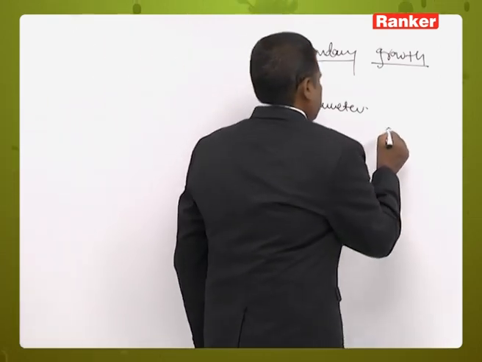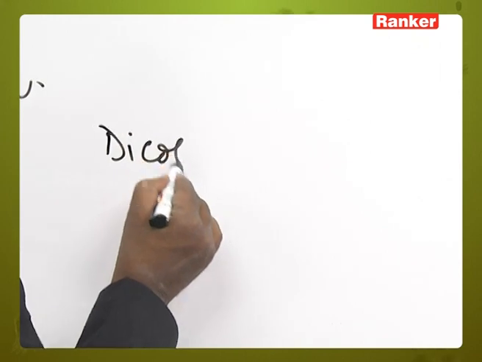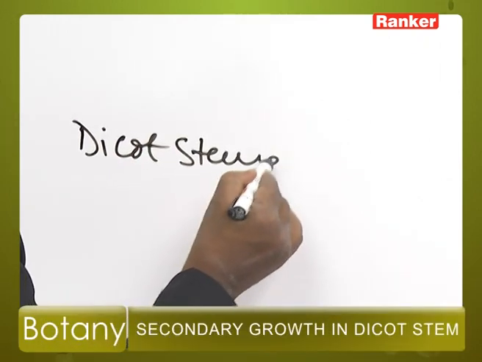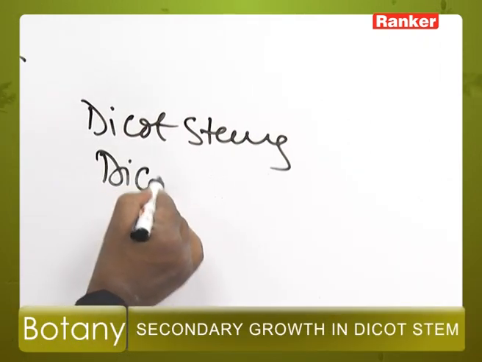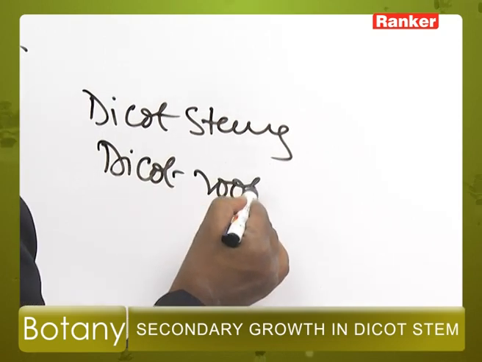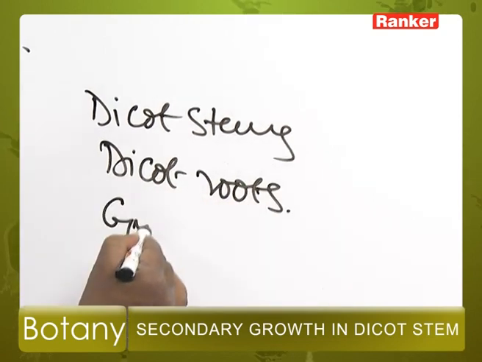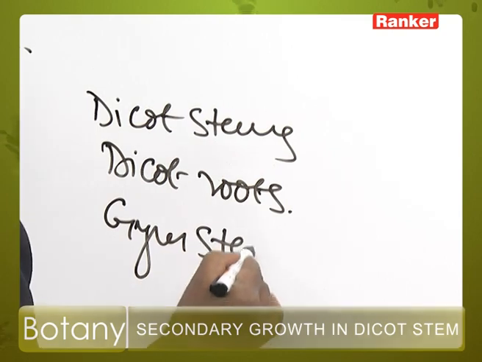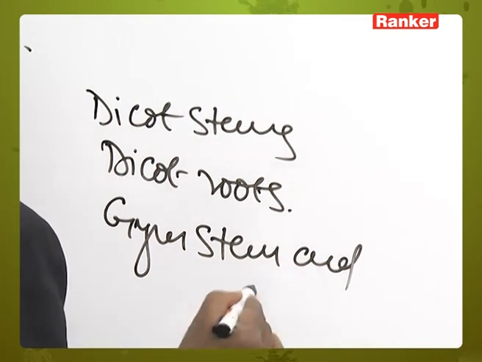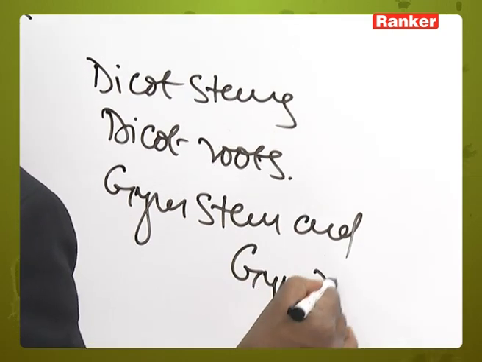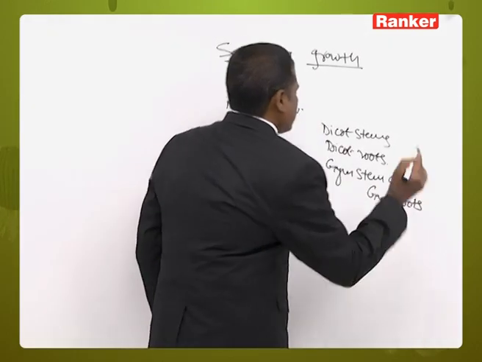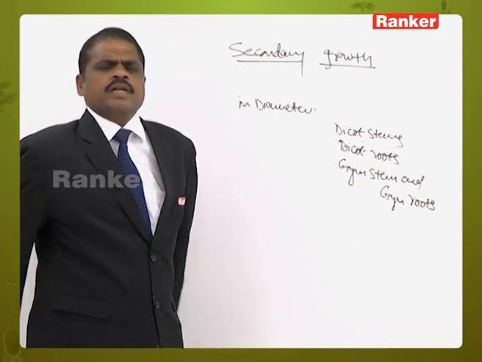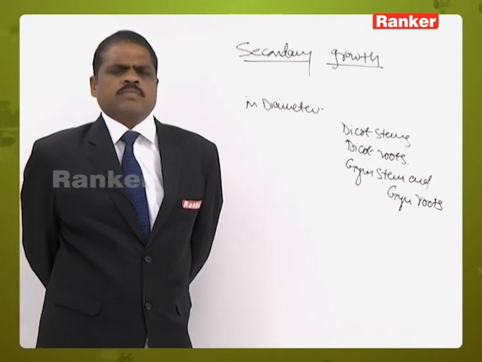Secondary growth occurs in dicot stems, in dicot roots, and also in gymnospermic stems and gymnospermic roots. Altogether, secondary growth is present in dicots and gymnosperms.